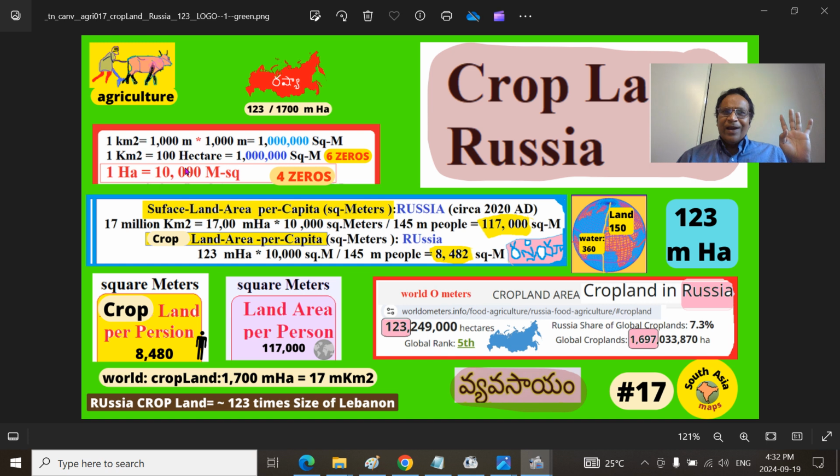Because 1 square kilometer has 100 hectares, that means there will be 4 zeros in a hectare in terms of square meters and 6 zeros in a square kilometer. That means any land area you can count in terms of square meters, square kilometers or hectares. This clarity is needed and very important to understand. The rest is very easy.